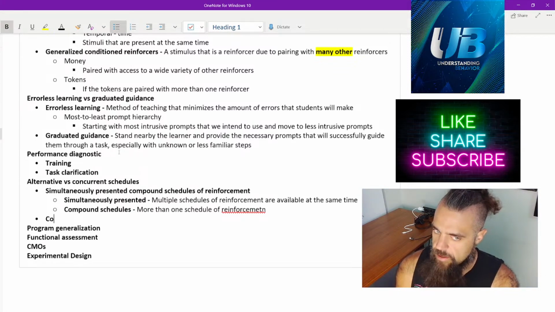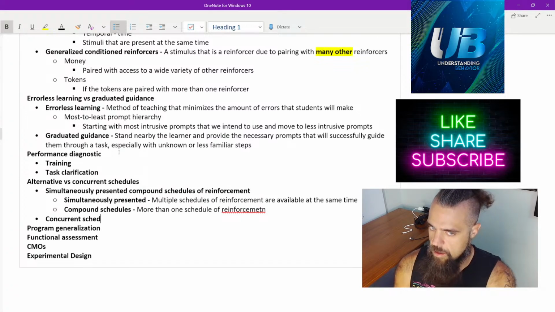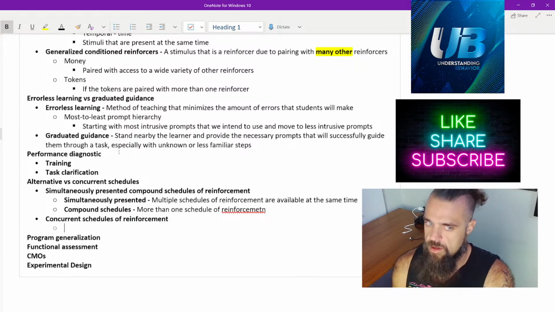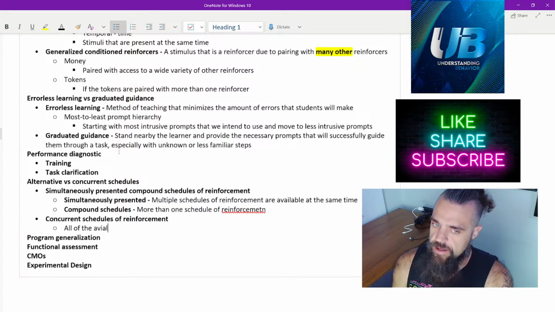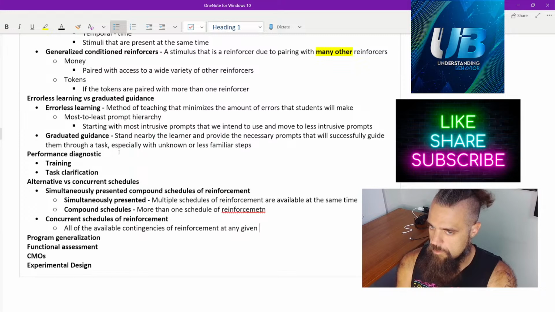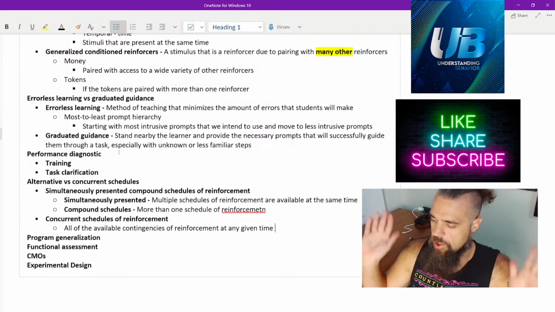First of all, we'll talk about concurrent schedules of reinforcement. This is all of the available contingencies of reinforcement at any given time. So I'm a human here.